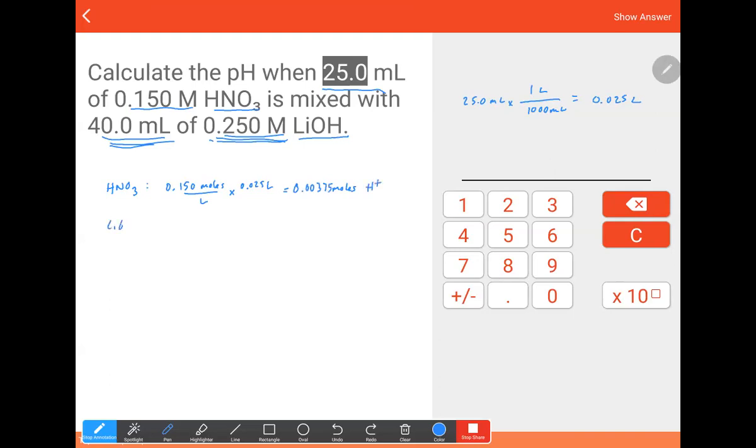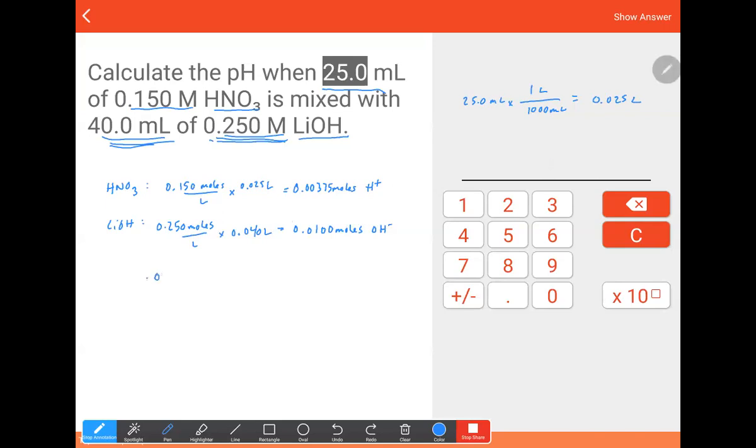Now let's look at our lithium hydroxide. We have 0.250 moles per liter times 0.040 liters. So 0.25 times 0.04 equals 0.01 moles of OH minus. So we have more OH minus, so we need to figure out exactly how much more we have.